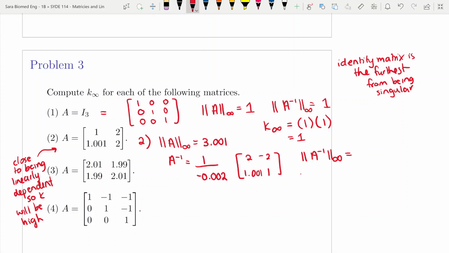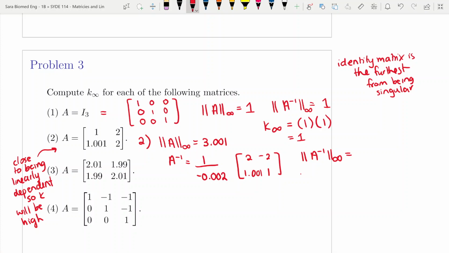Okay, let's compute that value. First of all, we need to compute A inverse, so let's compute the determinant. The determinant of A is 2 times 1 minus 2 times 1.001, so it's minus 0.002. Now we can get A's inverse because it's 2 by 2.